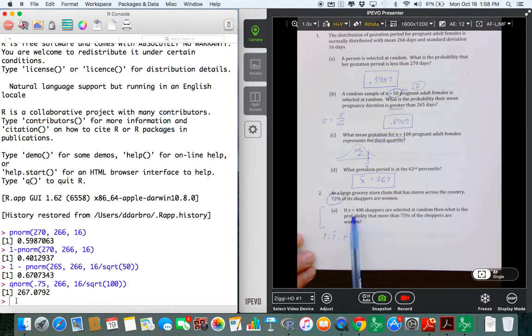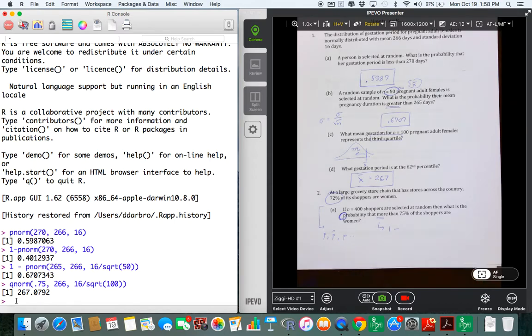So what we do is we still think about what key do we use, Q norm or P norm. And since we're asked what is the probability, so if n equals 400 shoppers are selected at random, then what is the probability that more than, well, guys, that more than says what? We got to subtract it from 1.